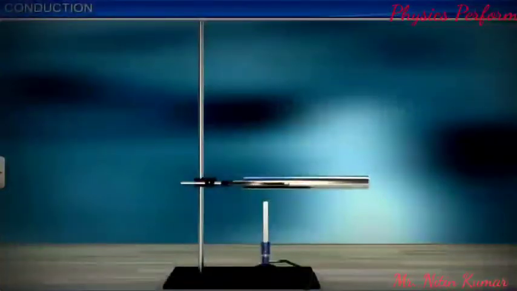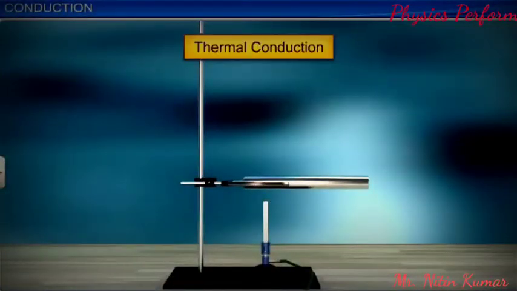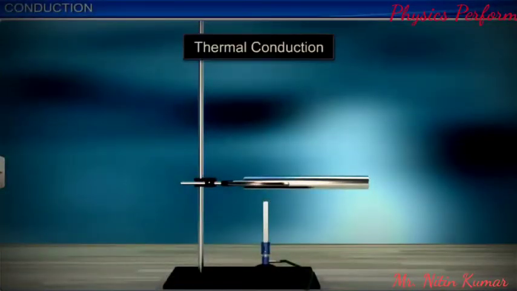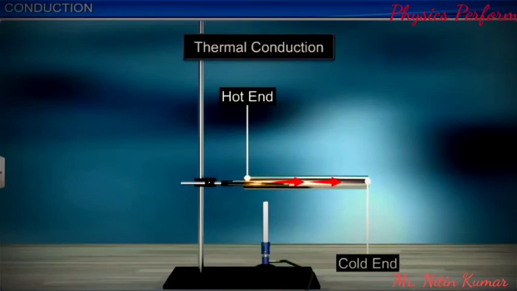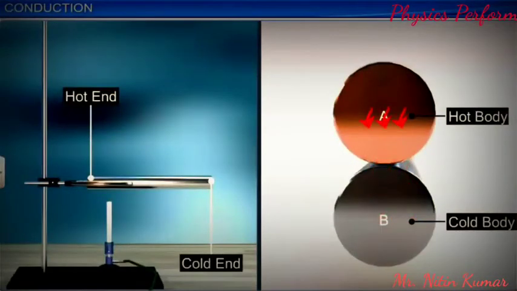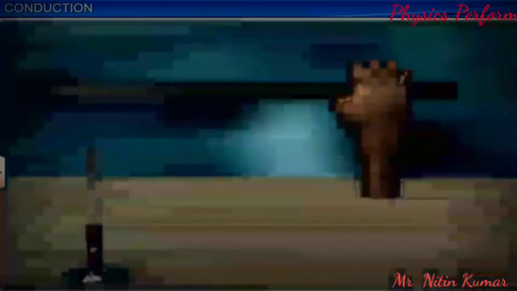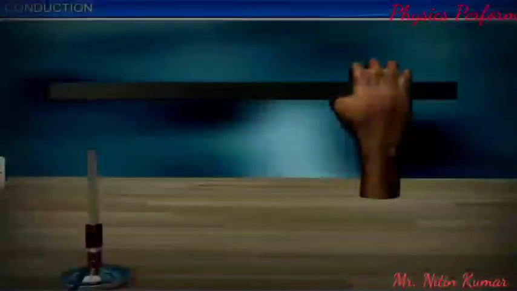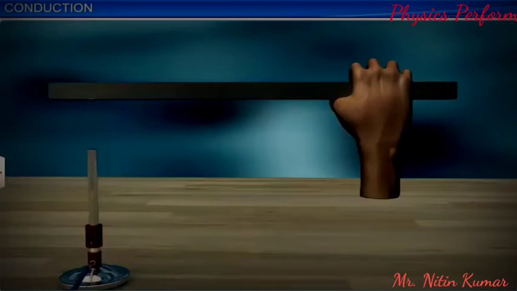First, let us learn about thermal conduction. Thermal conduction is a mechanism of heat transfer between two adjacent parts of a body, or between two bodies in thermal contact because of a temperature difference. For example, observe the person holding an iron rod at one end and placing the other end in fire.